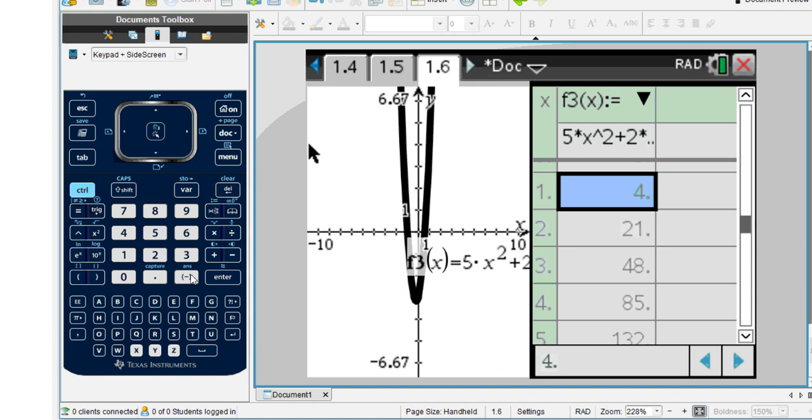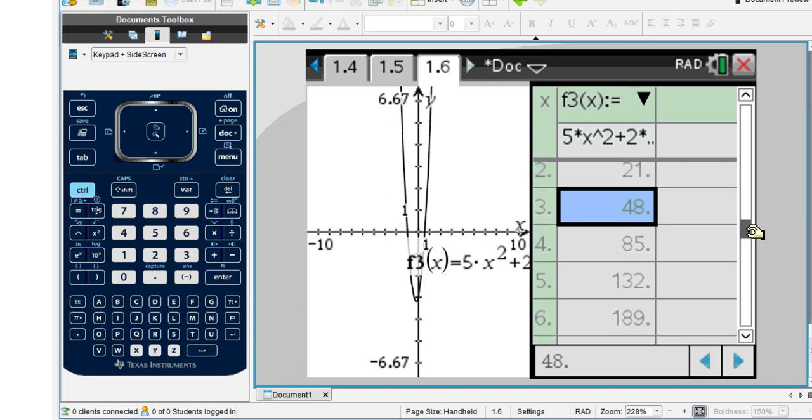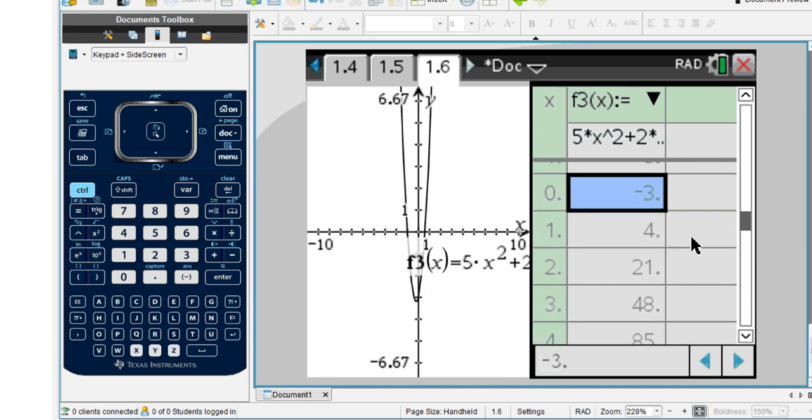Option number 1: 4, 21, 48, 85, 132, 189, the 6th is 189. That looks good right there. That looks like it's it, really?